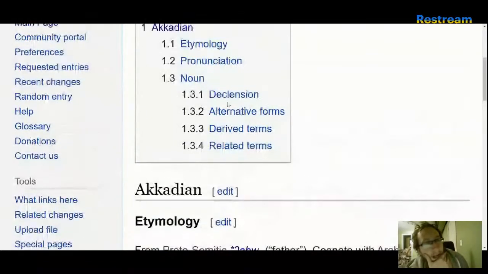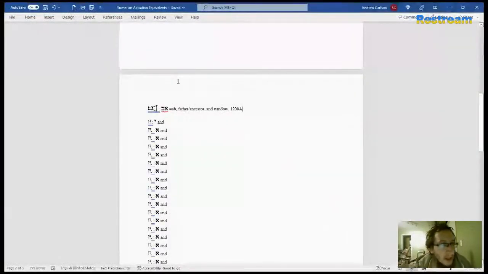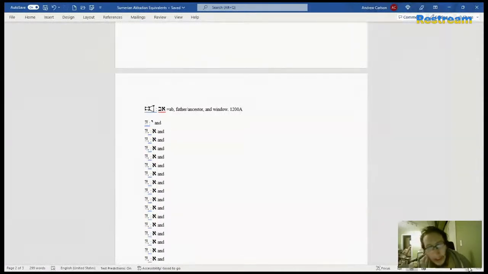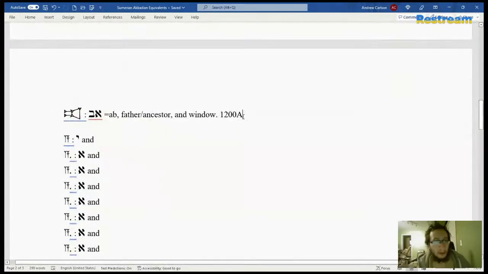So with that said, let me show you guys. I have a Word file. Let me see if I zoom in. So what's interesting is you could actually do this on your own.